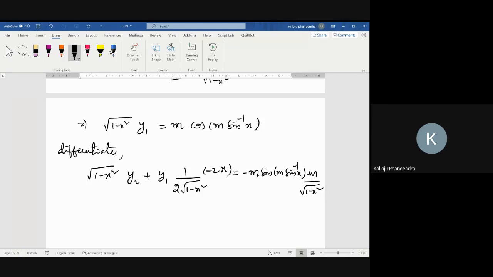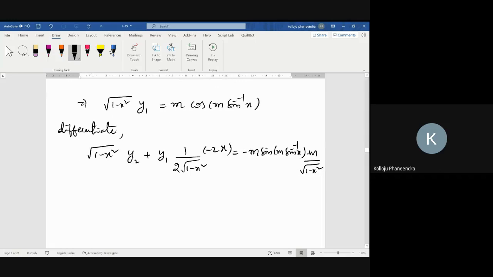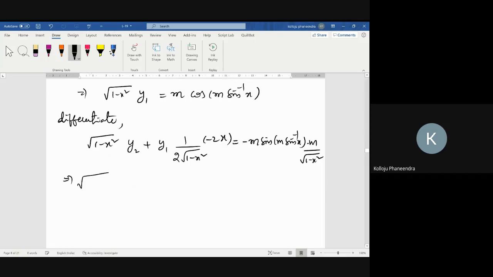This equals 1 minus x square y2 minus x y1 by root over 1 minus x square equal to minus m square. What is sine m sine inverse x? Y. Okay, m by root of 1 minus x square. This value is y.